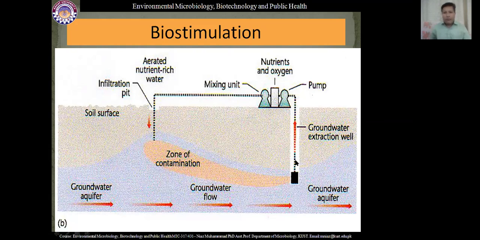From here we can check its concentration, which type of pollutant is remaining and how much. We will take samples from here and check whether its concentration is reduced or not.